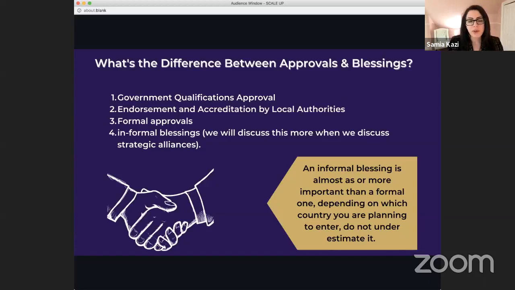And that route may be a little bit more challenging than the second type, which is certifications or professional development or vocational kind of certifications. So even for that, you might need endorsement and accreditation by local education councils. So really understanding, when do I need formal approvals and what kind of informal blessings we will need.